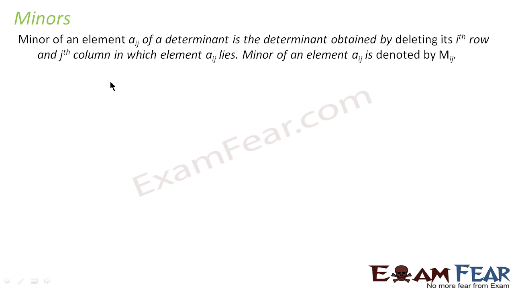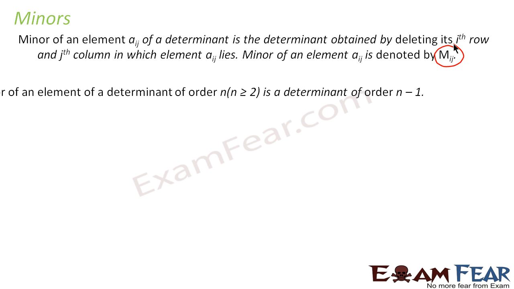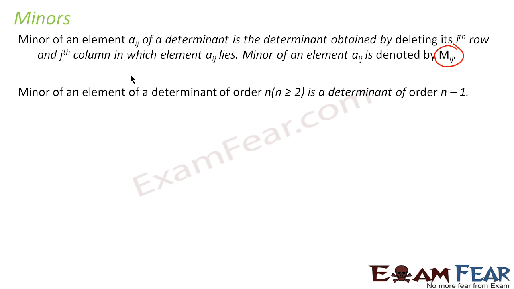Whatever we get is the minor of that element, and it is denoted by Mij. Also note that the minor of a determinant of order n, where n is greater than 2, is of order n minus 1. So for a matrix of order n, the minor will be of order n minus 1. It reduces by one level. I'll tell you how.